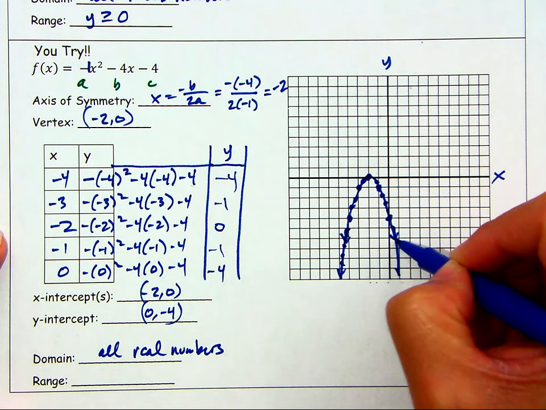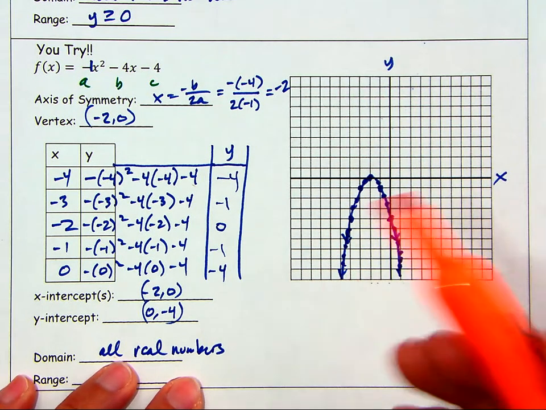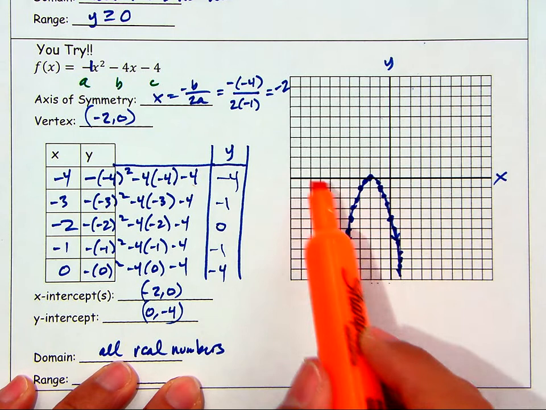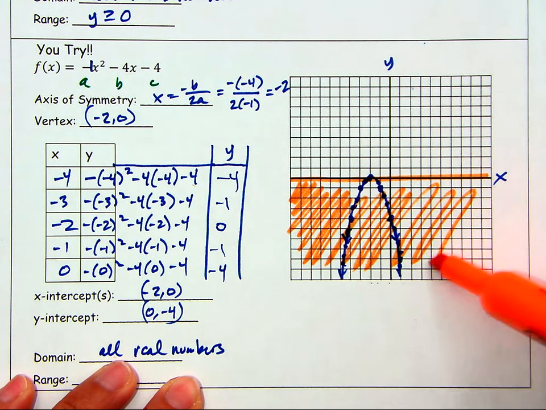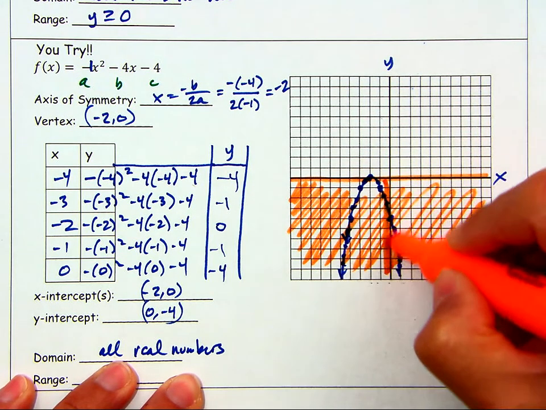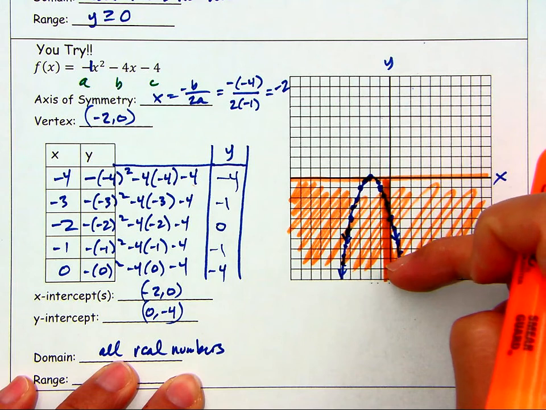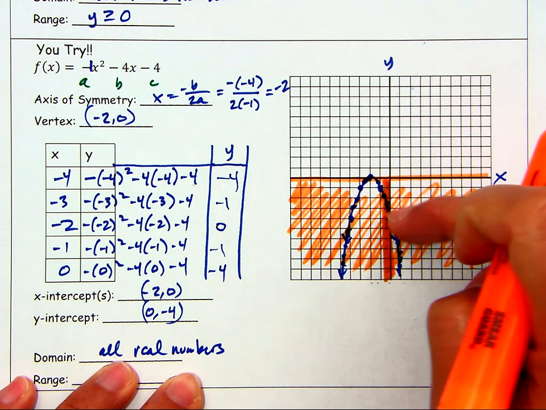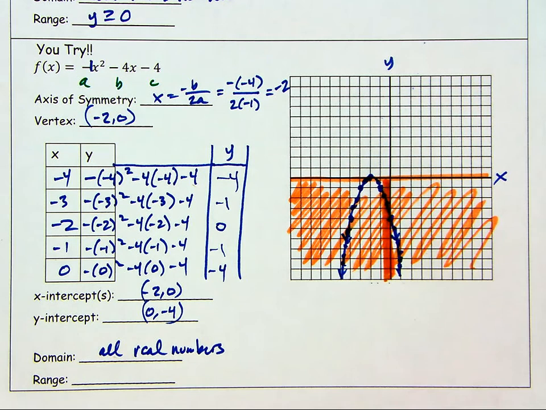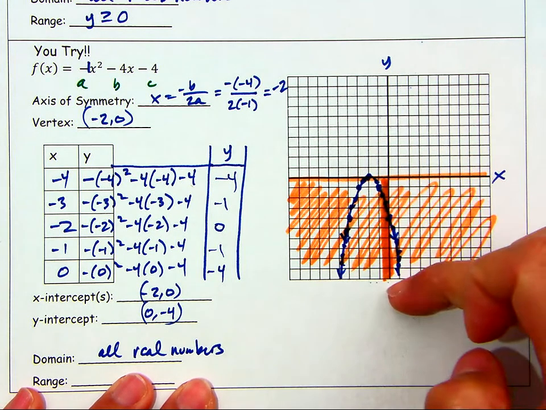So if I shade where the curve exists, the curve exists below that line. And on the y-axis, if this number line had labels on it, you'd have 0, negative 1, negative 2, negative 3, and then it would just keep getting more and more negative. So the y values that exist on this curve are 0 and smaller. So we would say the range is y values that are less than or equal to 0.